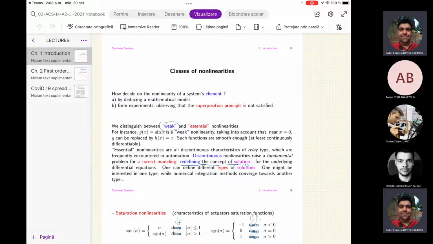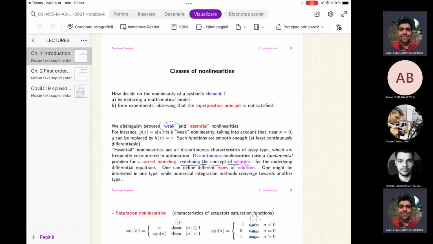The idea is that at this point, it's handy for us to define and to work with the so-called weak nonlinearities, such as the pendulum or most of the models I showed you earlier. Why?